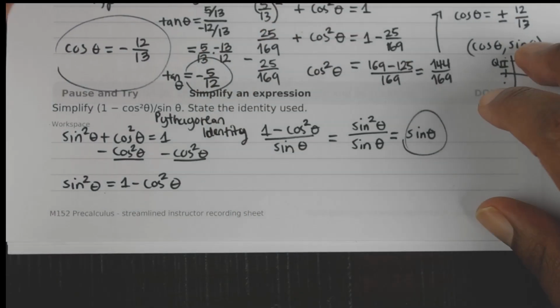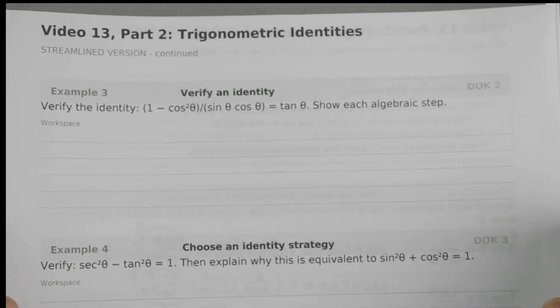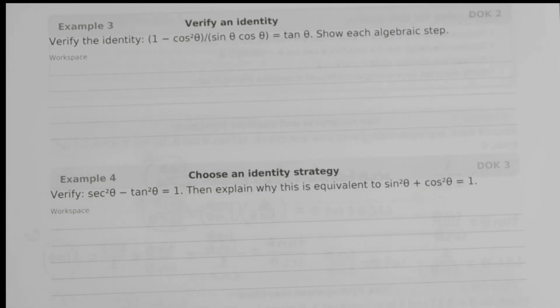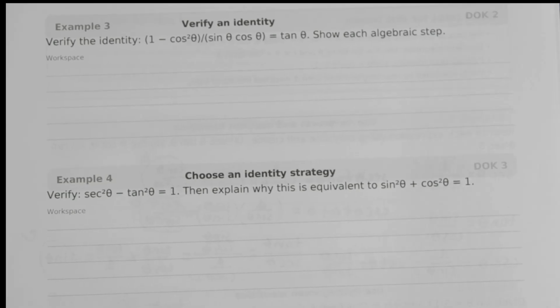Okay, let's continue. Example number 3. Verify the identity. So we have parentheses 1 minus cosine squared theta divided by sine theta times cosine theta equals tan theta. Show each algebraic step.